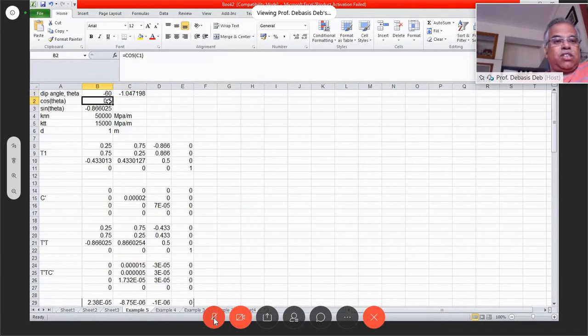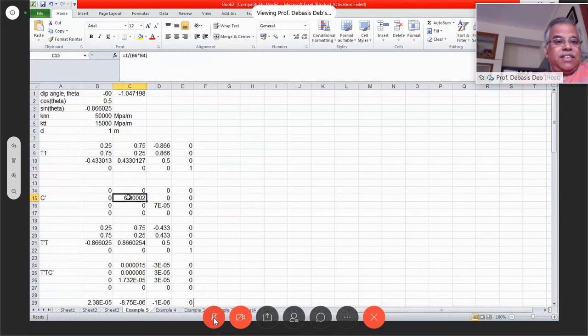Then we are calculating cos theta and sin theta, because this will be requiring KNN converted into megapascal per meter from giga. So it was 50 and 15 converted, and D is 1 meter. So T is made using that formula. You can see the formula is whatever is given there, and C is made like this.